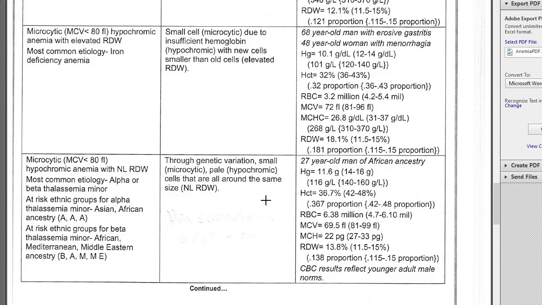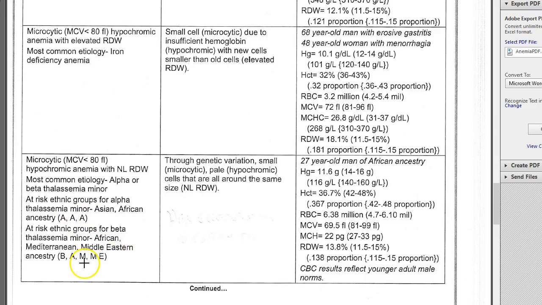So with your microcytic hypochromic anemia with normal RDWs, your most common etiology is going to be a thalassemia, alpha or beta thalassemia minor. So at-risk groups for your alpha thalassemia, your AAA: Asian, African ancestry, a little mnemonic there.